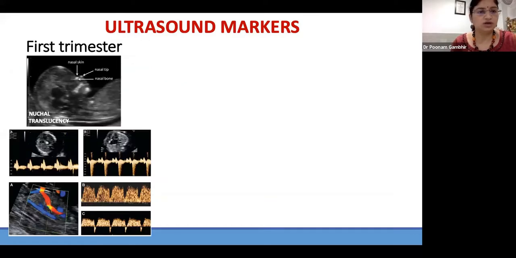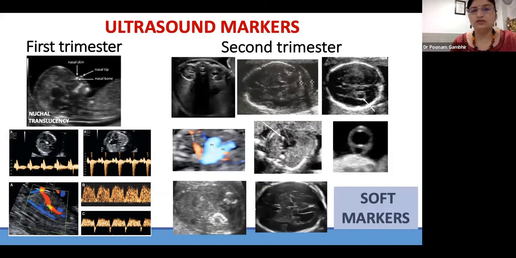First trimester ultrasound markers are the nuchal translucency, the nasal bone, the tricuspid regurgitation, and the ductus venosus flows. In the second trimester, we have a wide range of aneuploidy soft markers, and there are different sets for trisomy 21 and trisomy 18, but in all, they are pyelectasis, the increased nuchal fold, choroid plexus cyst, aberrant right subclavian artery, echogenic cardiac focus, single umbilical artery, the echogenic bowel, and ventriculomegaly.